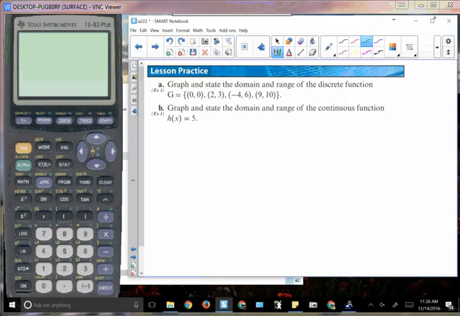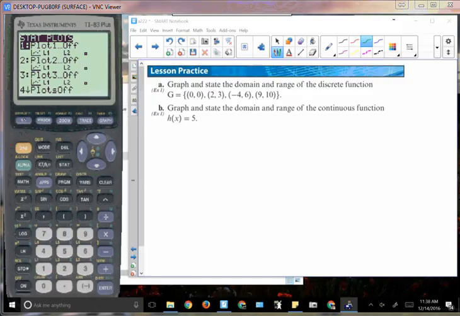So we take a look at this on the graph again. Again, you can go to second plus 7, 1, 2. If you reset it, it also turns off the stat plots. So you can go back in if you want to do that right away and turn the stat plots back on so that it's there.